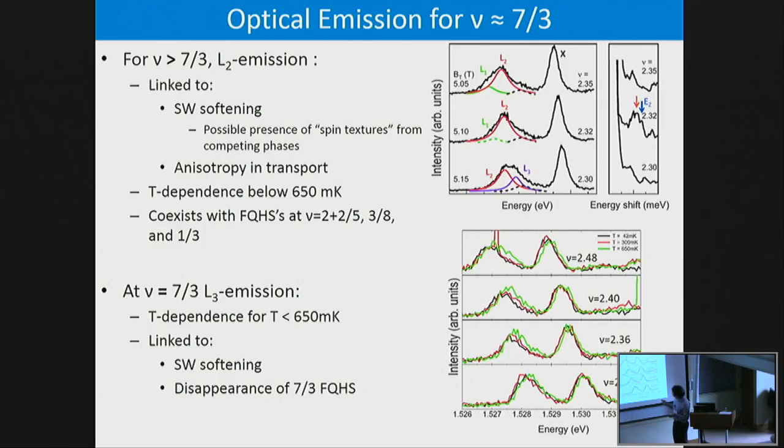But what we can say is that it also appears to be linked to some loss of spin rotational symmetry, because the redshift in the spin wave is fairly strong there whenever it's prominent.